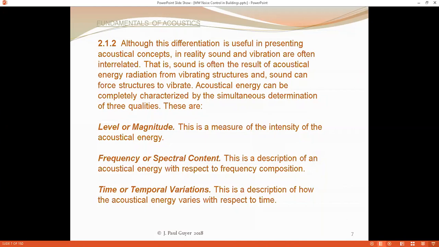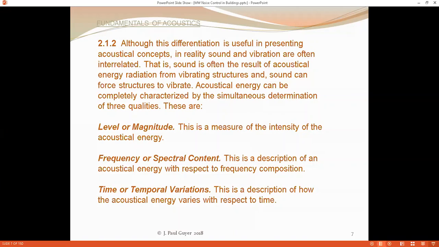Another important point to keep in mind is what's called the spectral content. Because in the real world, you almost never have the opportunity to hear a pure sound, just at a single frequency and with a single level or magnitude. What you hear is big bundles of sounds. In other words, a whole bunch of air molecules are impinging on your eardrum.